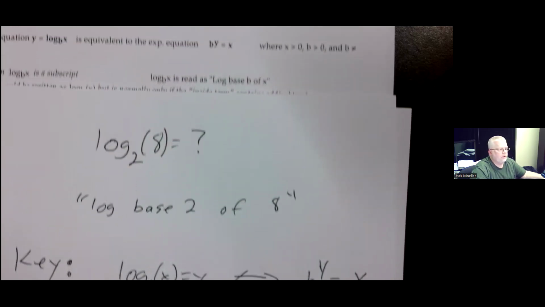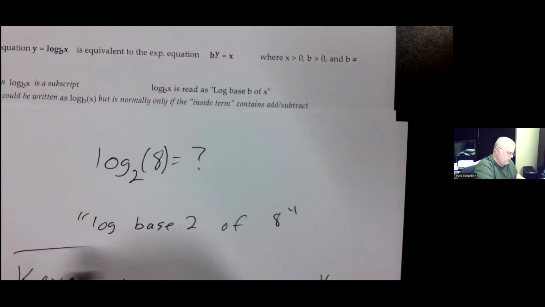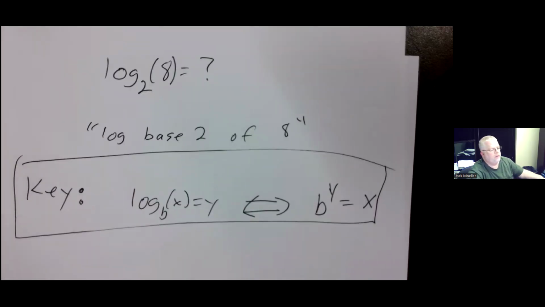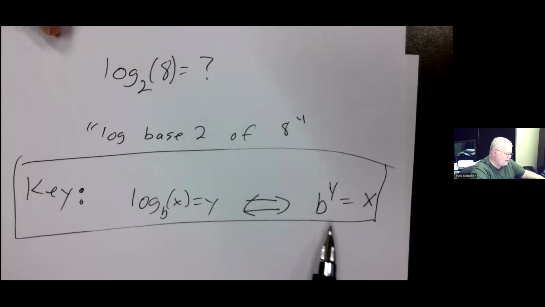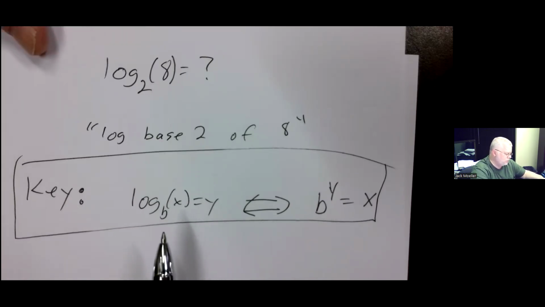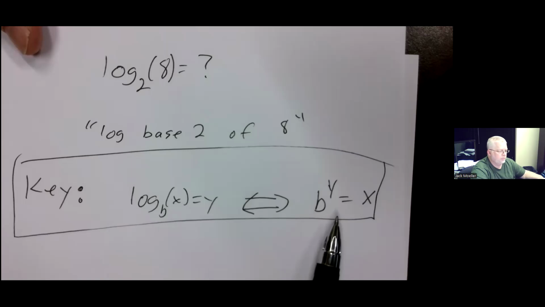Now, like I said, to be successful with logarithms, you have to get this down. I've been doing logarithms for maybe 35, 40 years, and to this day, I still comprehend logs by converting to exponential functions.